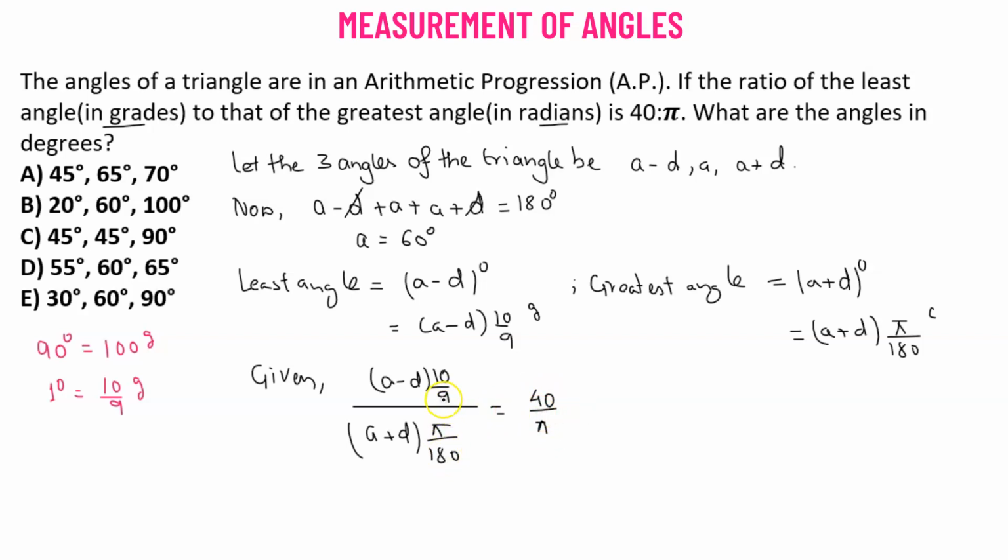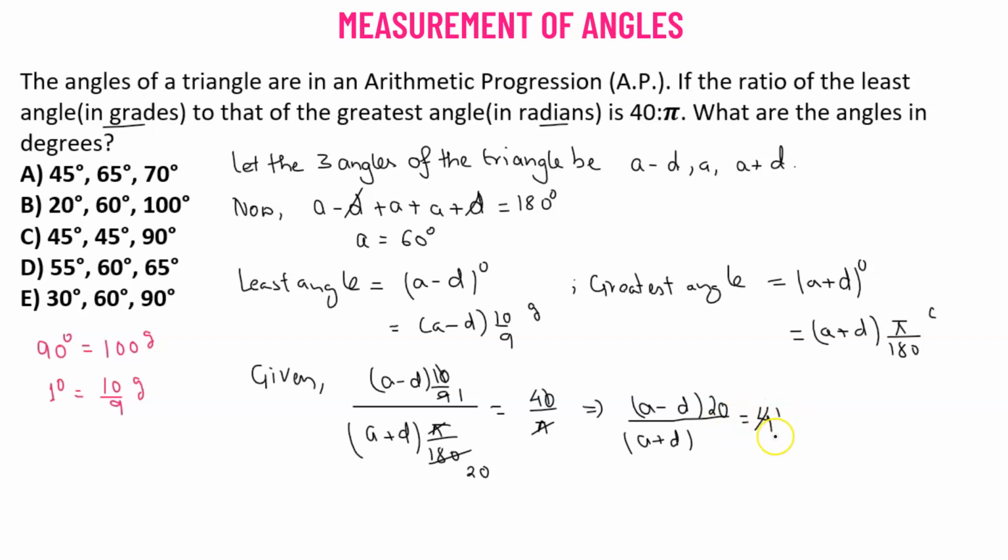So here we have 9 times 1 and 9 times 20 is 80. We can factor out pi from both sides, and we can also factor out 10 from both sides. And this is going to leave us with A minus D divided by A plus D divided by 20. So we're going to take 20 to the numerator. This is going to be equal to 4.